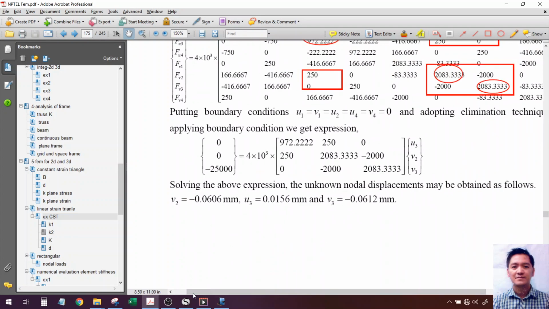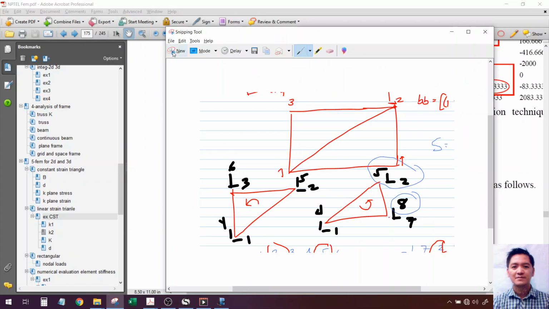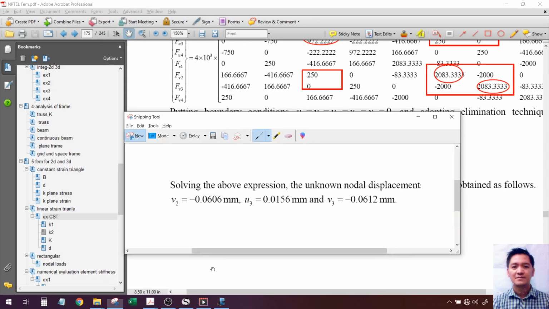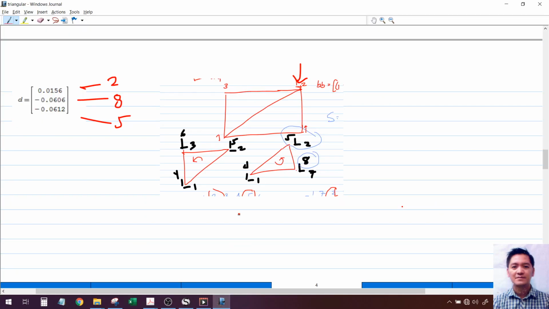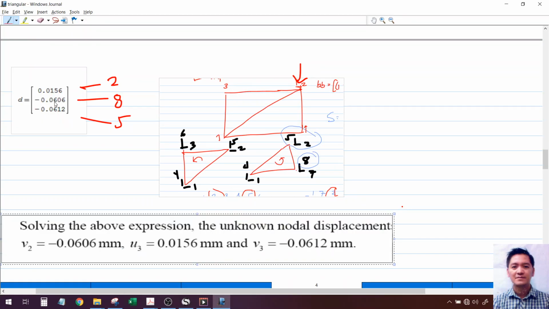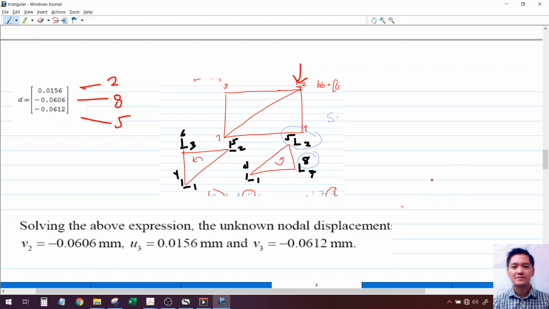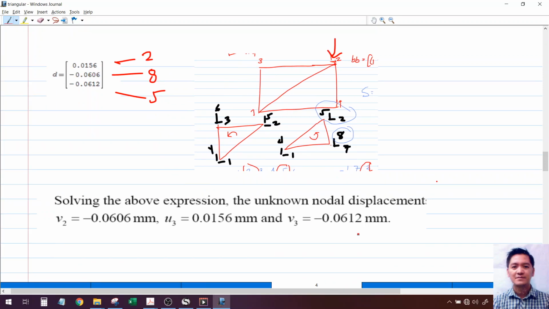So, the same lang. No? So, 0.0606, 0.0156, and negative 0.0612. Okay, so that's it. So, let's continue later. Another video for rectangular.